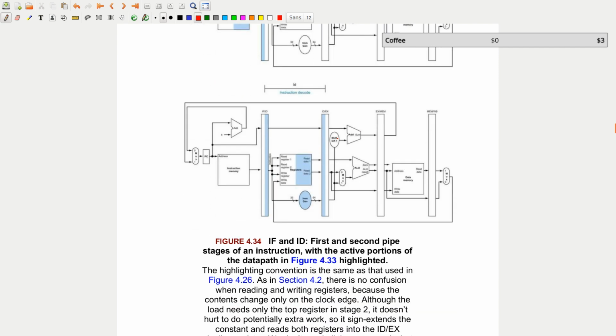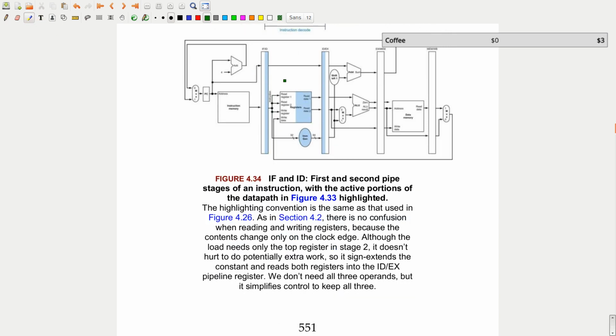So what is 4.34 telling us? Figure 4.34: instruction fetch and instruction decode, the first and second pipe stages of an instruction, with active portions of the data path highlighted. The highlighting convention is the same as used in 2.6 and 4.2.